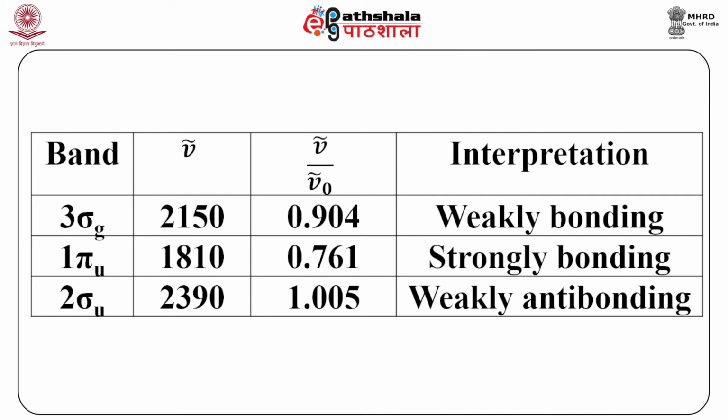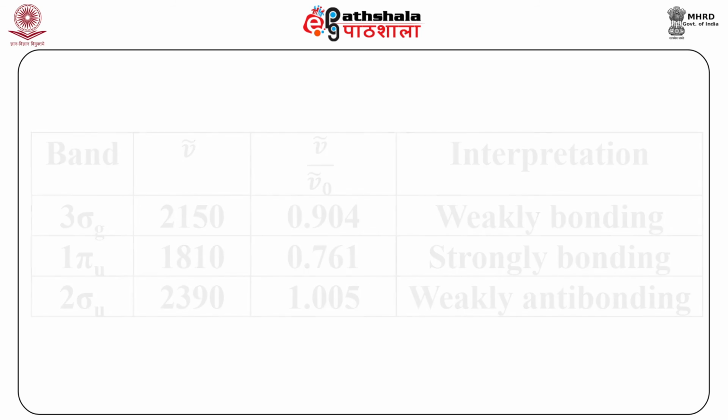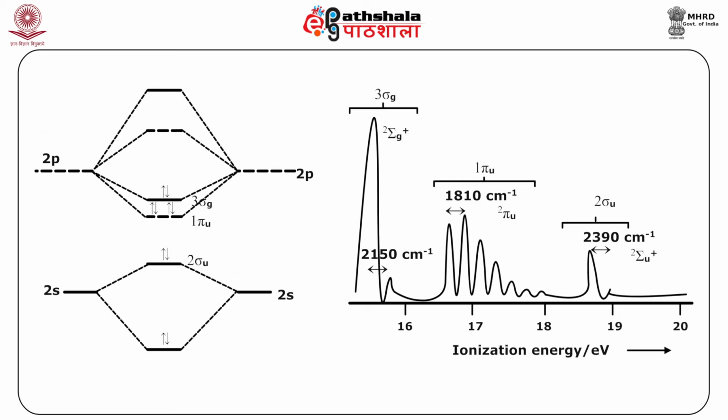When the ionization is from 1πu, then the ν̄ value is 1810 compared to 2379, the ratio is 0.761, that means that it is strongly bonding, and in 2σu the ν̄ value increases to 2390 and the ratio is 1.005, it is greater than 1. So, it is weakly anti-bonding.